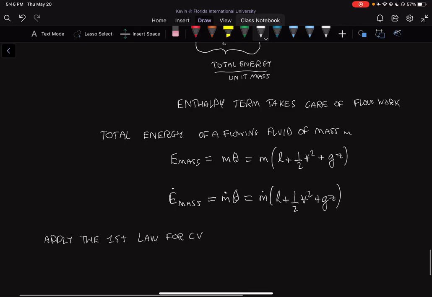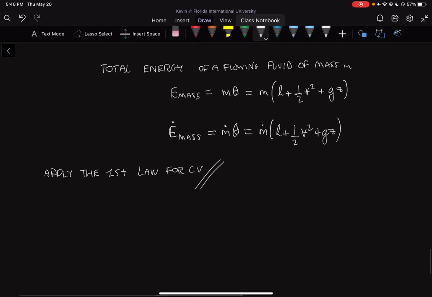For a control volume, we're going to apply the first law most of the time in rate form, so in the form with energy dot. The reason why is because we're interested in what happens through time, okay? We're interested in what happens in rate form, not necessarily in absolute form. But we can use both ways, though it'll be used more often in this way.